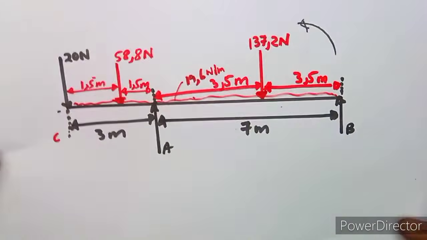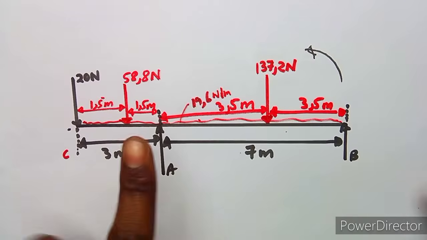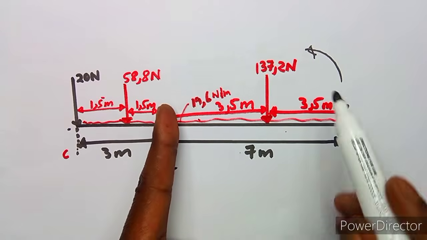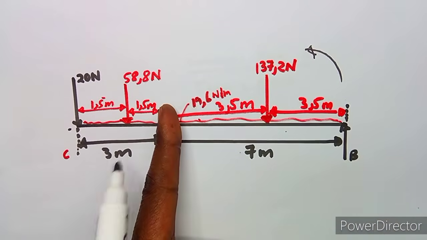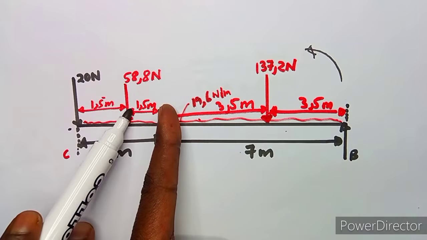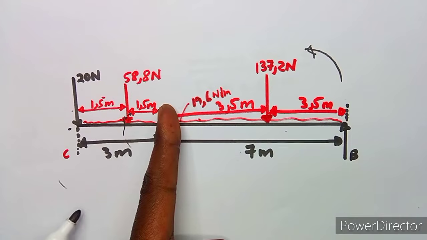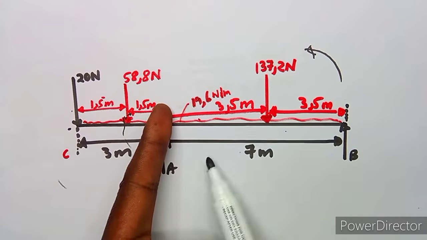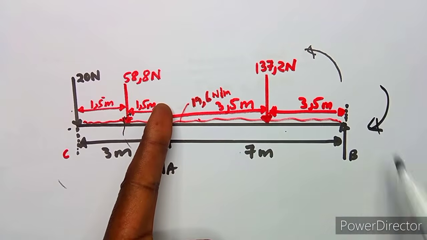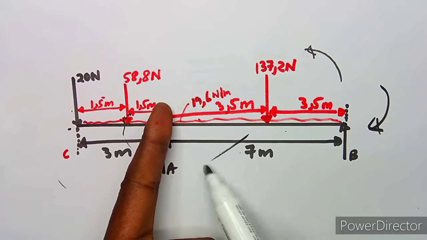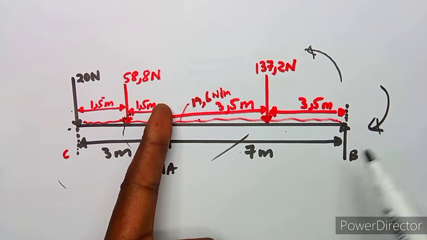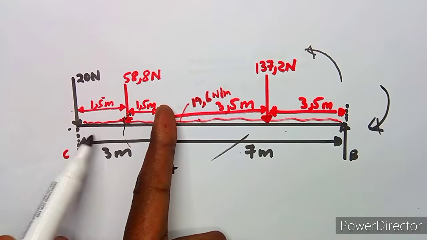Do we have anything going anti-clockwise? Take note, guys, this direction is anti-clockwise. So this 58,8 is going anti-clockwise, and the 20 is also going in this direction, anti-clockwise, but this one is going this way, which is clockwise. This 137,2 is going in this direction, which is clockwise. So we still have to add these two.